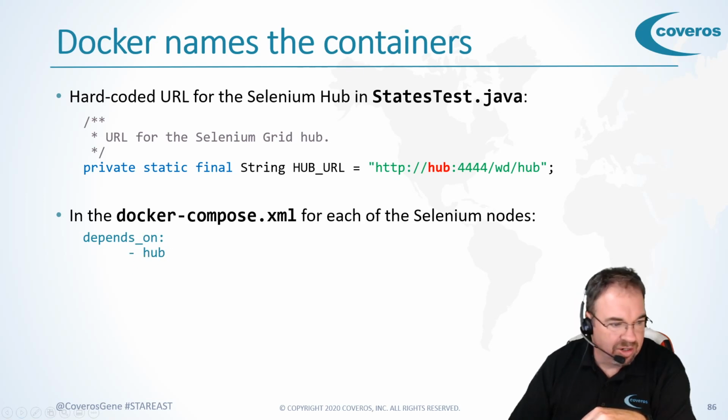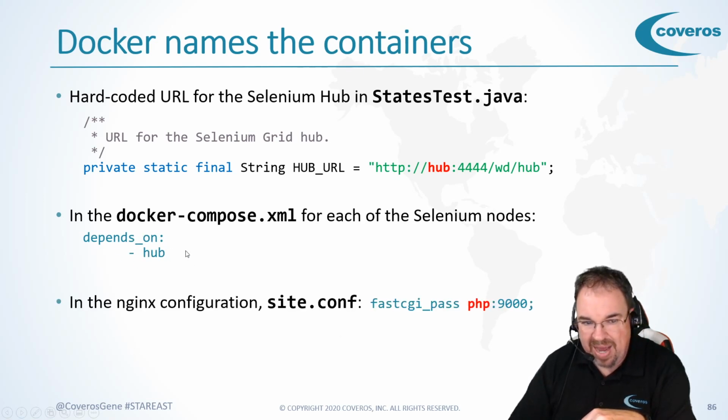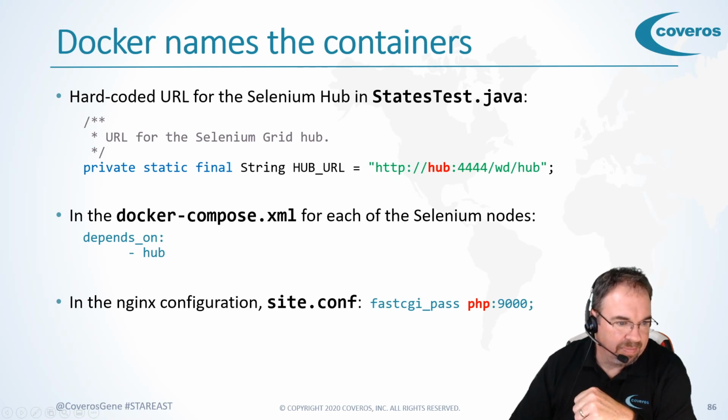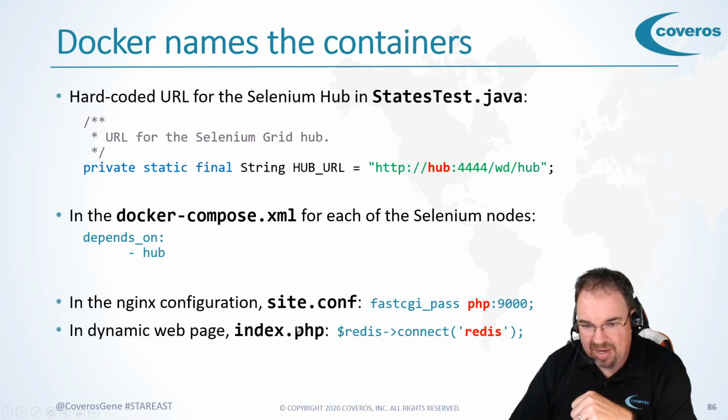We told it that those depended on the hub, and then we passed around the hub host as hub, and then in Nginx, the FastCGI, that was the FPM piece, we pointed to PHP 9000, which is in our site conf, so that it had access. And then in the dynamic web page, in our index.php rather, we connected to the box Redis.